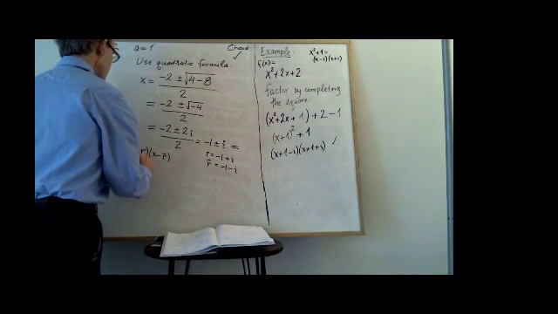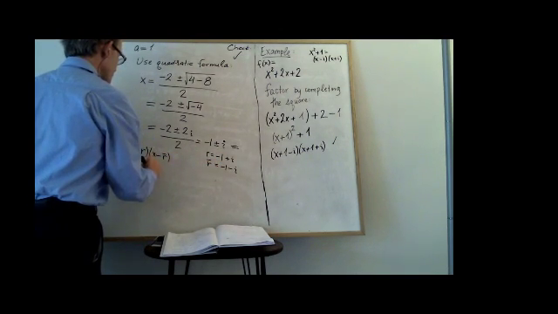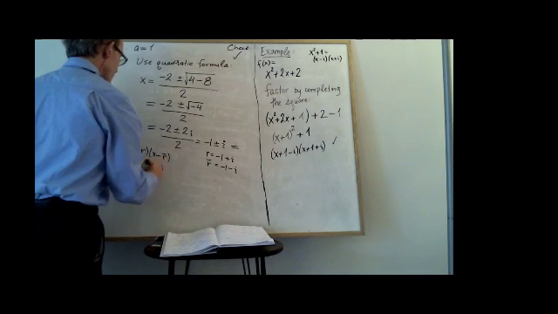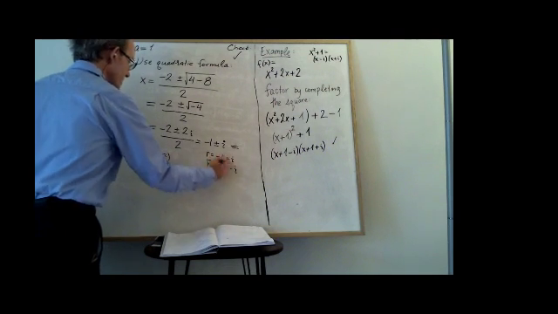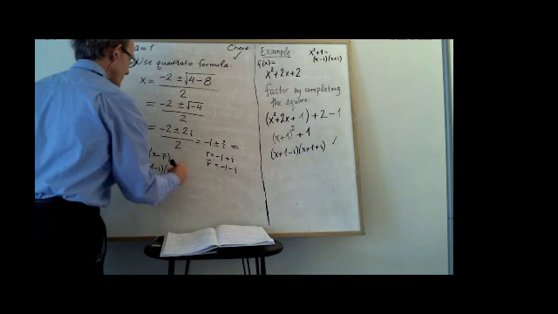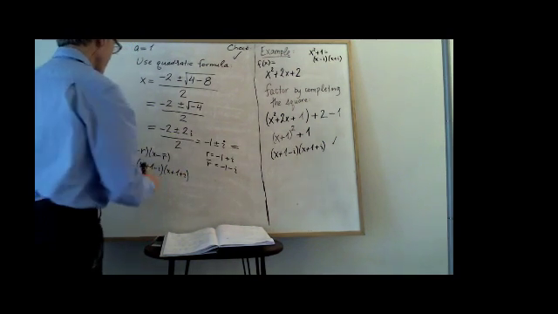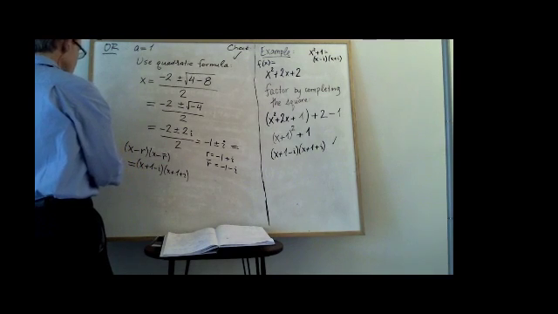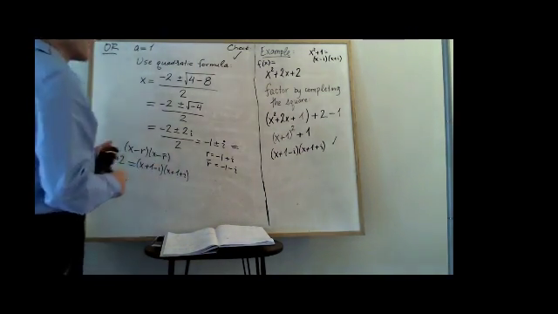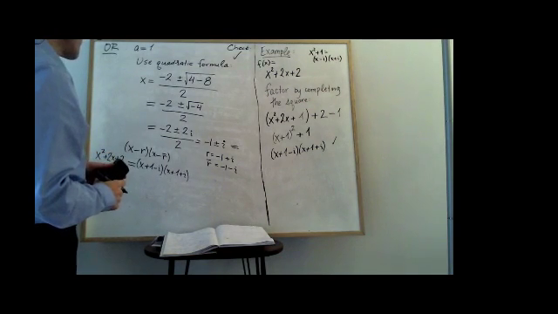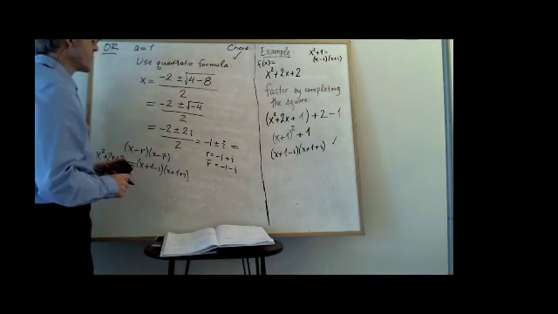Okay, so x minus r is x plus 1 minus i. x minus r conjugate is x plus 1 plus i. And that's the same as before. So that's the alternative way of factorizing this, by completing the square or using the quadratic formula.